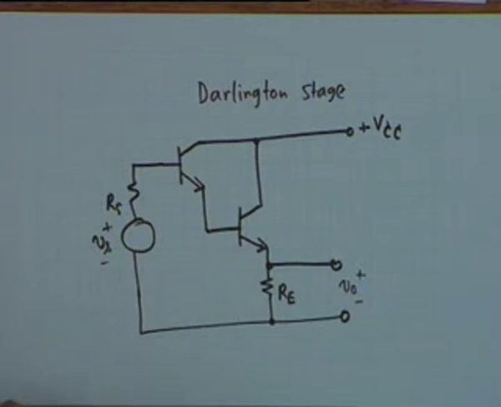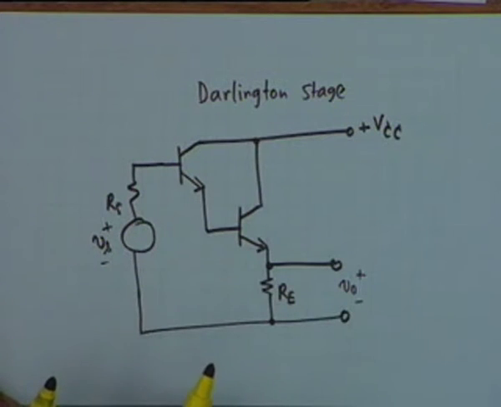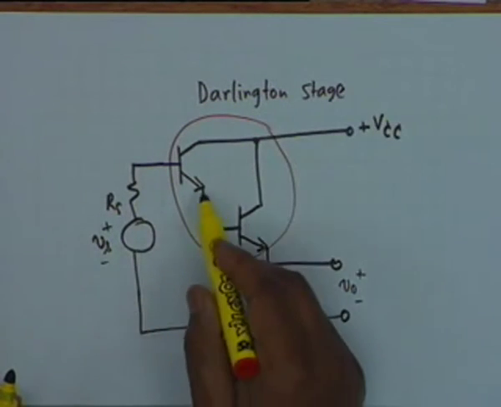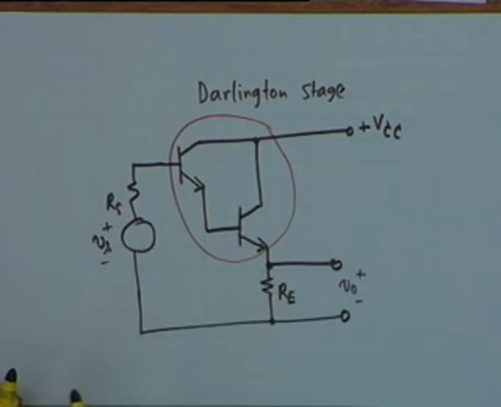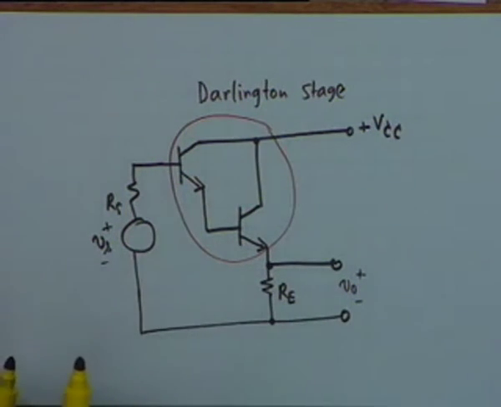Now you see what in effect the circuit is: instead of a single transistor emitter follower, as I had introduced last time in the 33rd lecture, a single transistor is now replaced by two transistors. The emitter current of one becomes the base current of the other, and you can expect a very large current amplification.